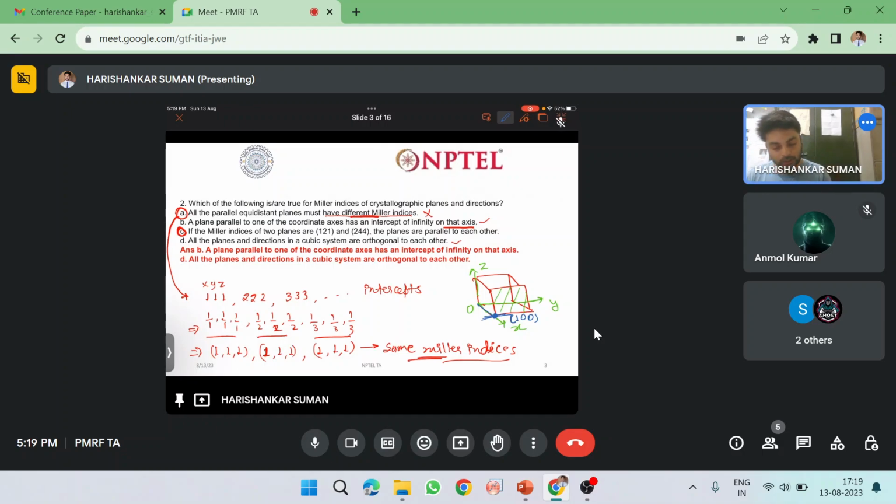So assume it will be cut at infinity. So the intercepts are 1, infinity, infinity. If you convert into Miller indices, 100. So if planes are parallel, they will cut each other at infinity.